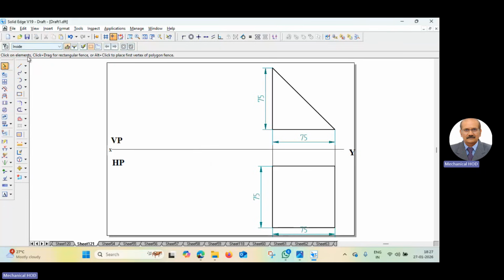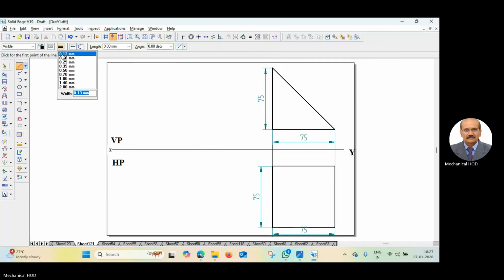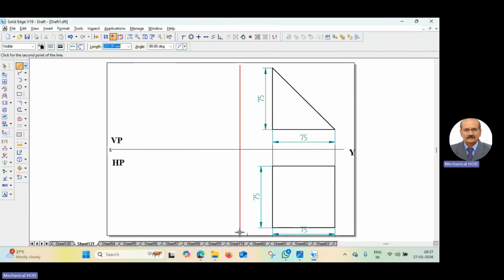Then go to the line command. Draw the x1, y1 line. There's a regular procedure to get the side view with the help of the side profile plane. X1, y1 is the side profile plane.